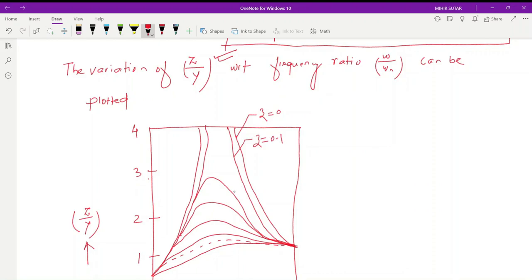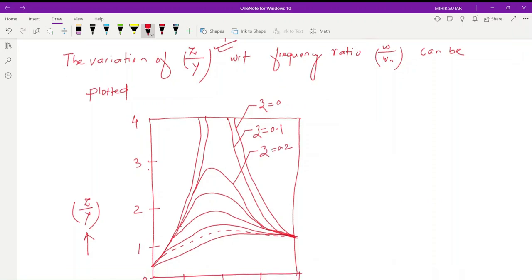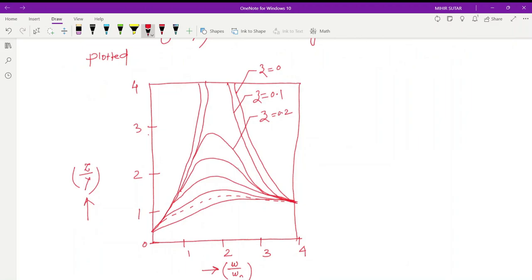This one is for zeta equal to 0.2. This one is for zeta equal to 0.3. This one for zeta equal to 0.4.